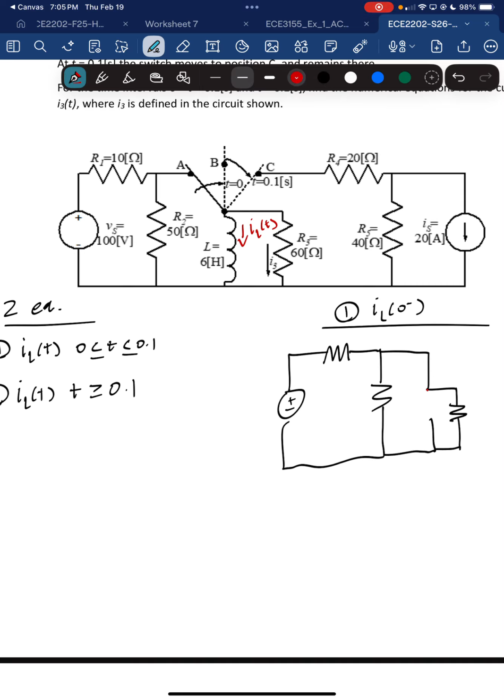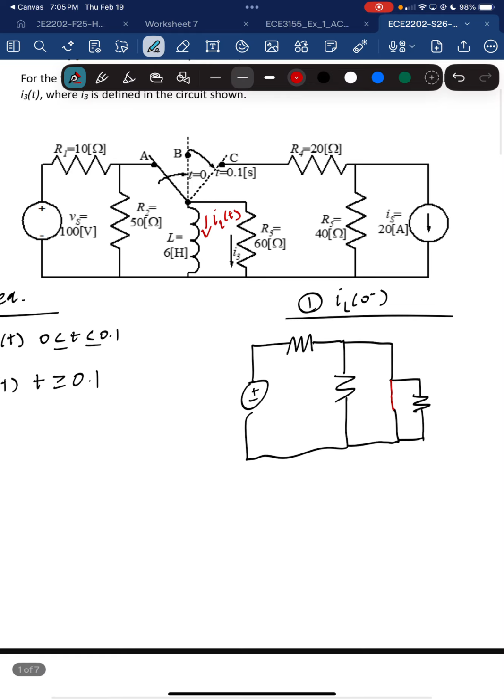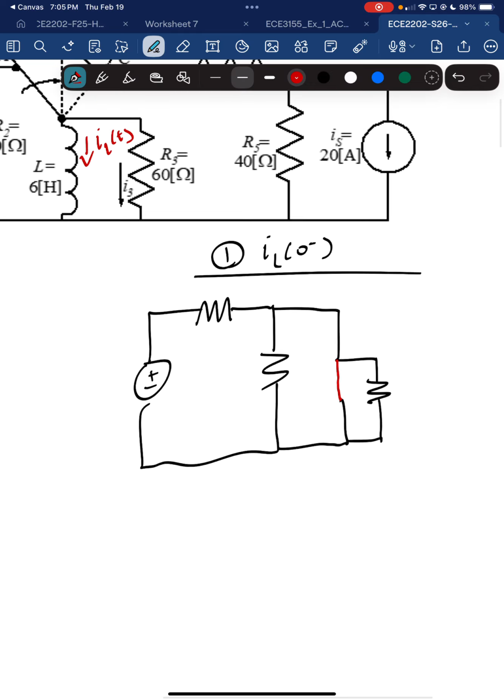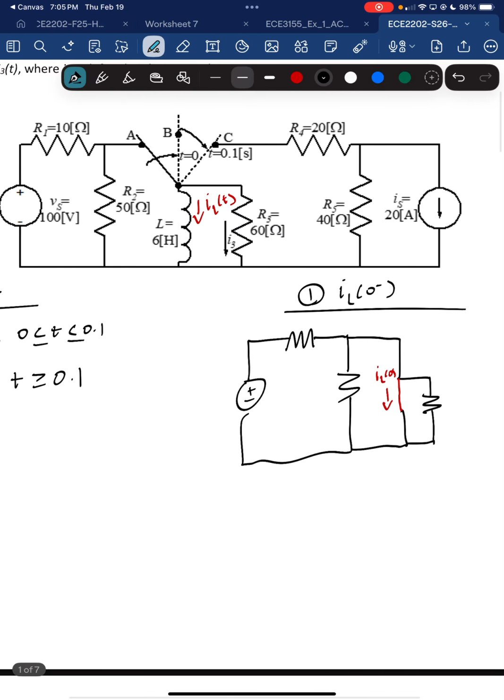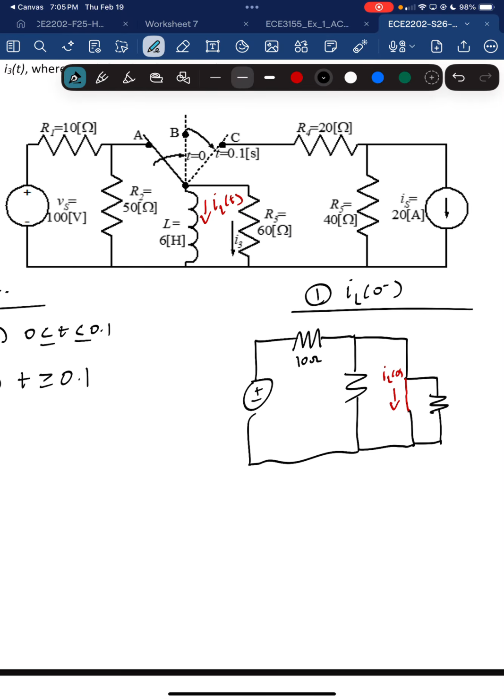Right, and this is the short circuit inductor. And since we defined our current for the inductor to be going down, we're also going to define this current IL of 0 to be going down. 10 ohms, 100 volts, 50 ohms, and 60 ohms.